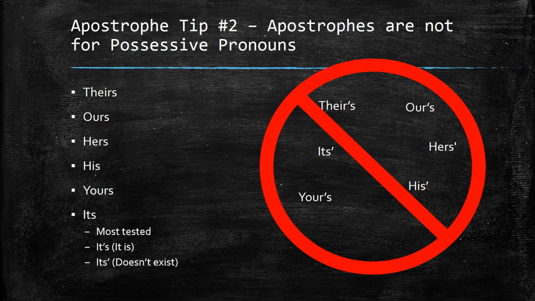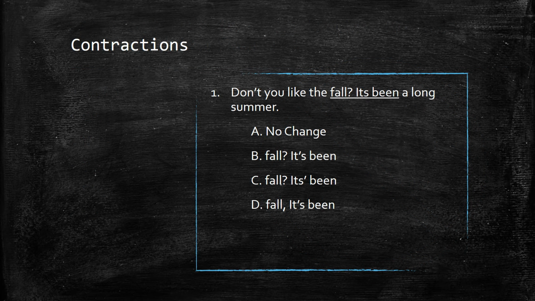Okay? Now, the first way that apostrophes are tested are with contractions, and these are really some of the easiest questions on the test. I've not seen a lot of students that have had trouble with this. However, we do want to be ready for this. And so I will go ahead and look at my answer choices here. And remember, that's always our first step, looking at the answer choices so we can see what we're being tested on.